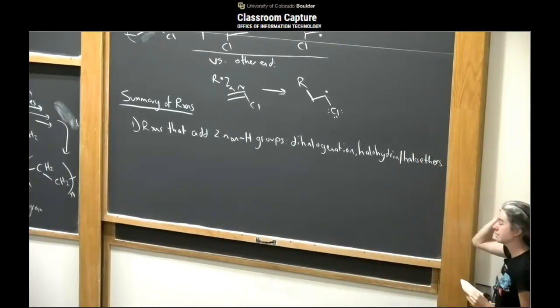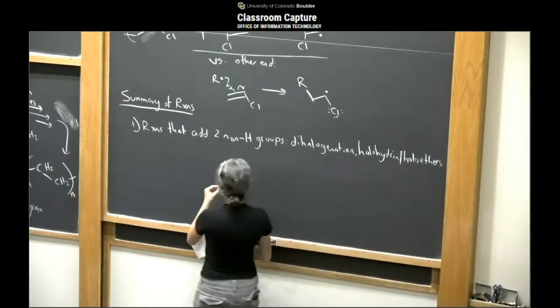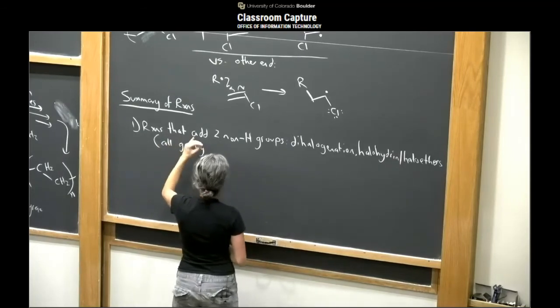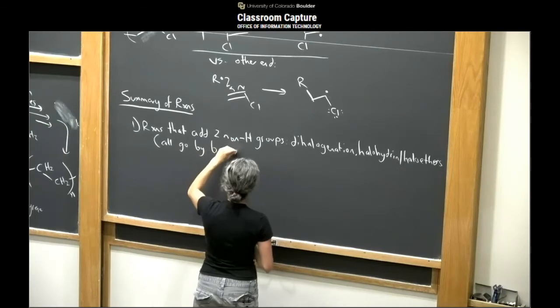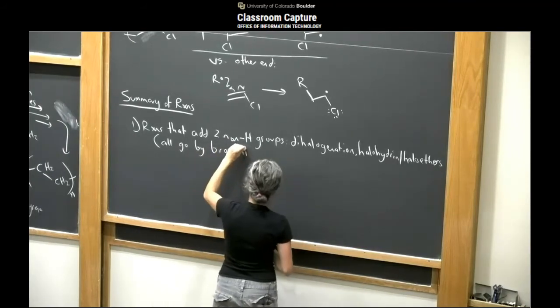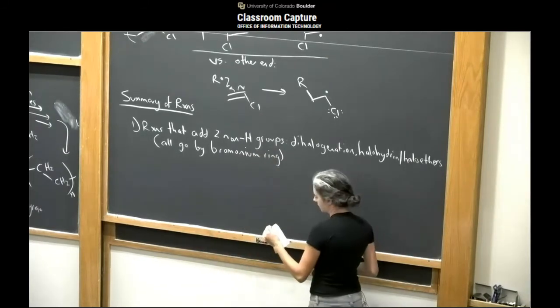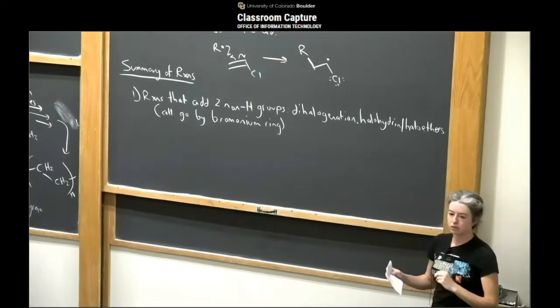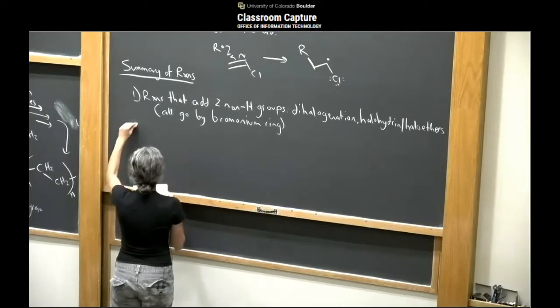Okay, so all 3 of the ones in this category go by the bromonium, or more generally the halonium ring, but bromine is most commonly used. Okay. So they're all more or less the same reaction with a few little details that are different.